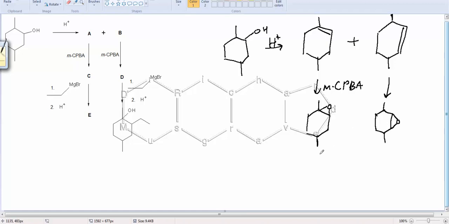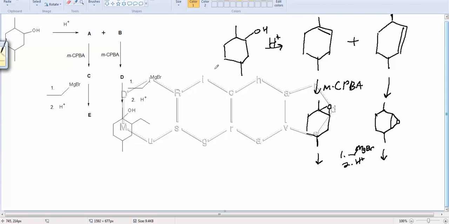Now these two epoxides then are going to be reacted with that Grignard reagent. And we're going to get a couple of products from that. Now one of the products will look like this, and one of the other products will be the result of treating this one with the Grignard reagent.